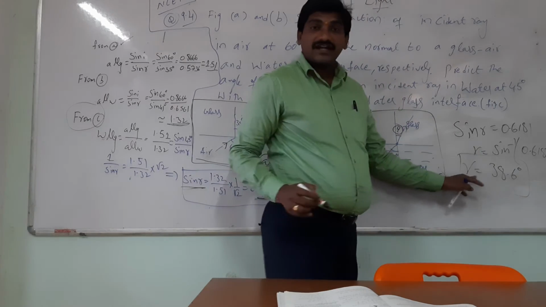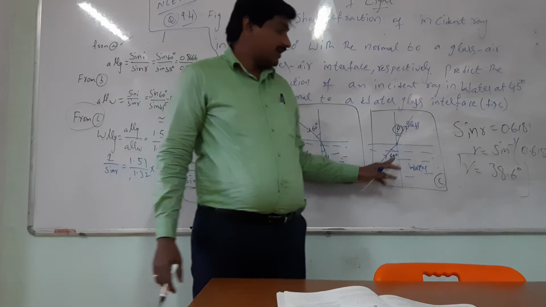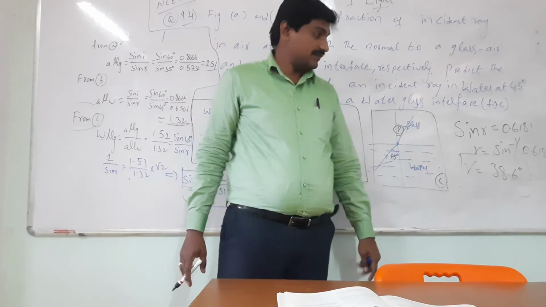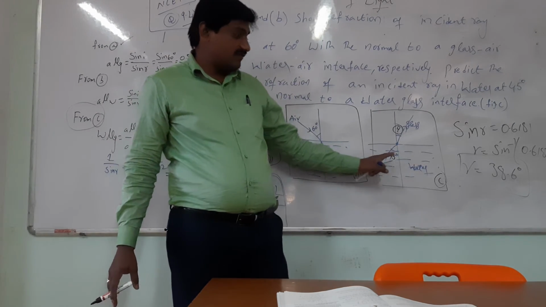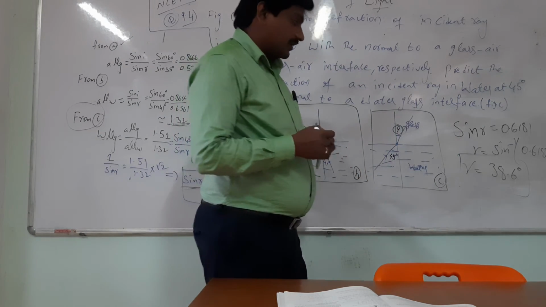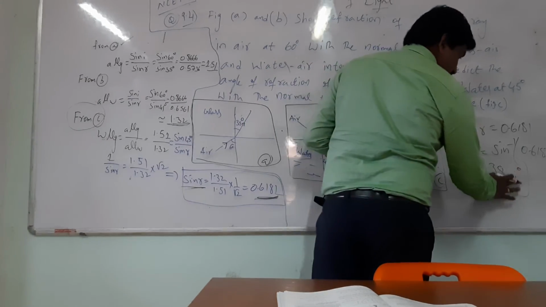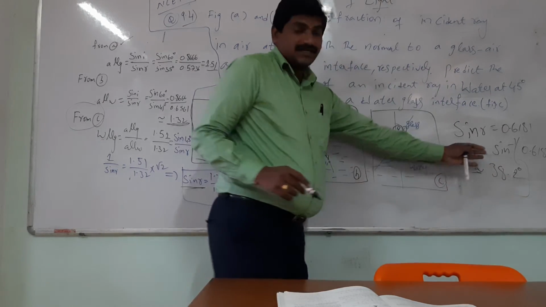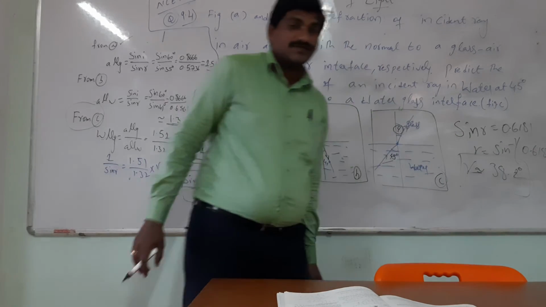This is the refracted angle when refraction takes place at the water-glass interface. In the water-glass interface, we have a refracted angle of 38.6 degrees, or in some books 38.2 can also be given approximately. So it depends on the decimal value how you are taking this.